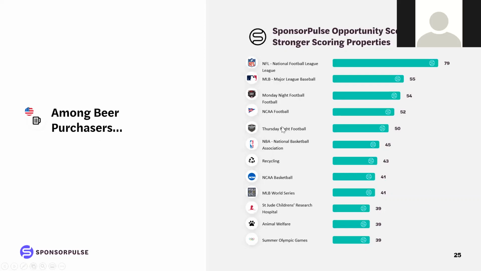What's interesting and cool, and I think we probably already know this, but to see it brought to life is pretty cool, is if you look at that same metric in the exact same way but for a different category, beer purchasers, the list changes. NFL is still the top, but MLB wasn't on the previous list. A lot of the NCAA wasn't on the previous list, and there are more sports than cause and culture.